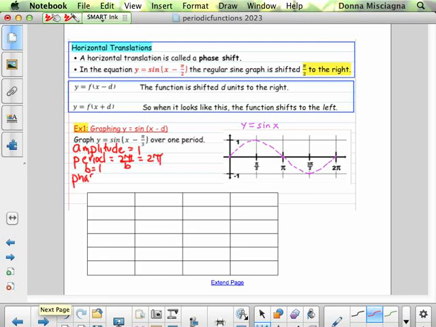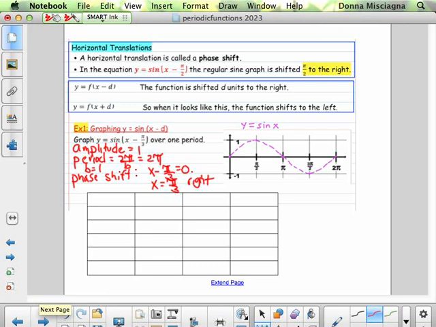For the phase shift, we'll set the parentheses equal to 0, so x minus pi thirds equals 0. Add pi thirds to both sides, x equals pi thirds. So this is pi thirds, a shift to the right.